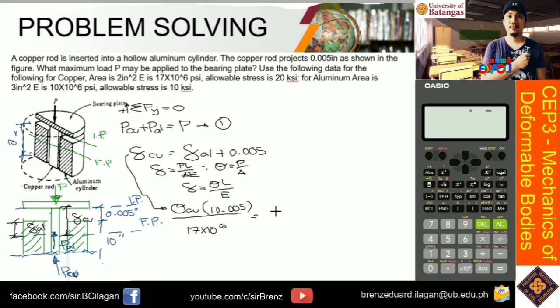That is equals, sa aluminum, stress ni aluminum, and then multiply, ano lang ba yung length ni aluminum? So, that is just equals to 10 over, what is E of aluminum? So that is 10 times 10 to the 6 psi, and then plus 0.005.